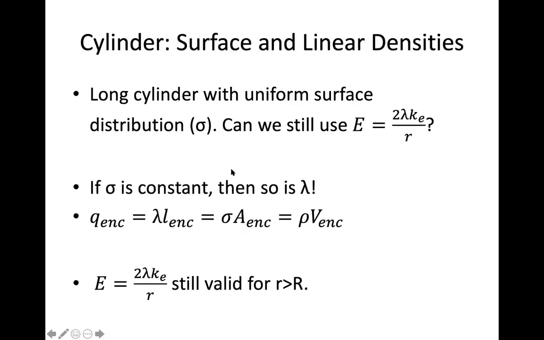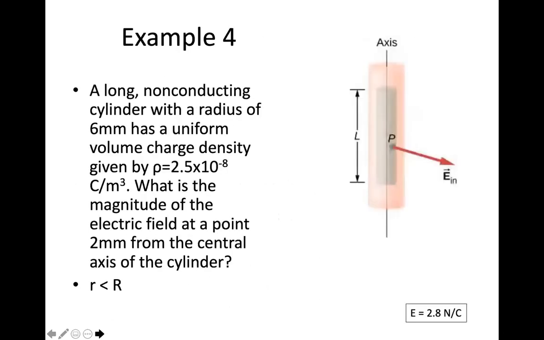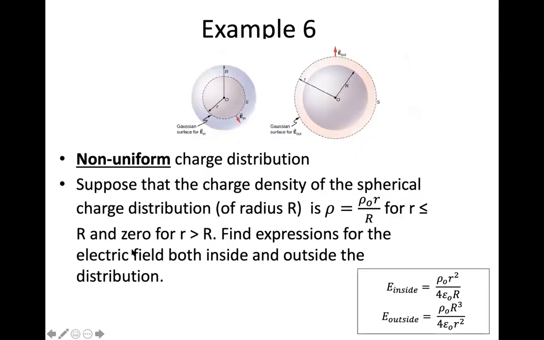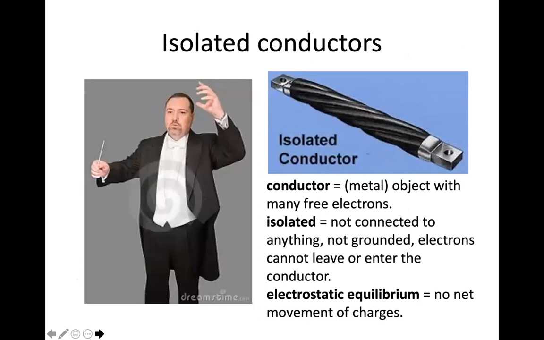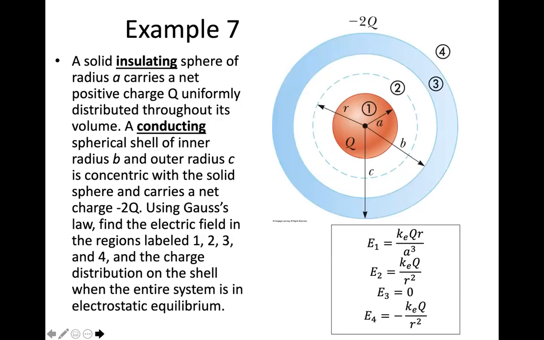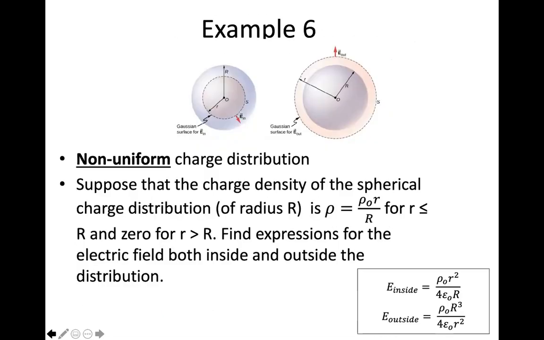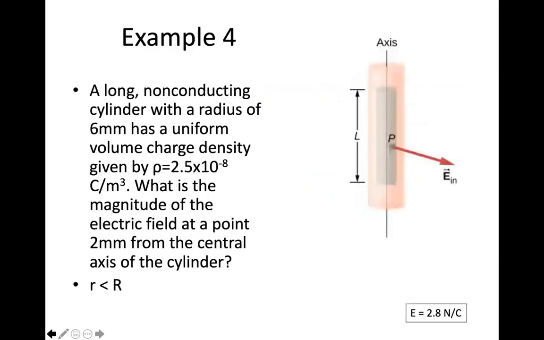Then we're going to look at what happens when it's not uniform. That's still uniform. We're going to get into non-uniform distribution. That's going to be fun. And then we're going to talk about conductors and look at conductors and insulators together.